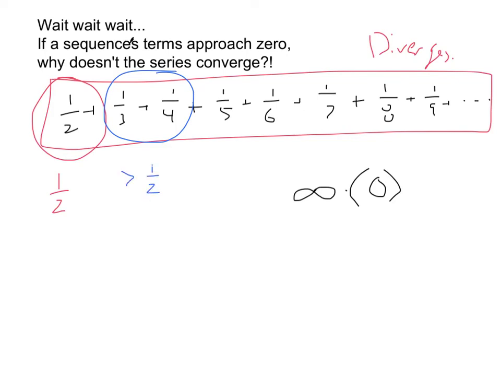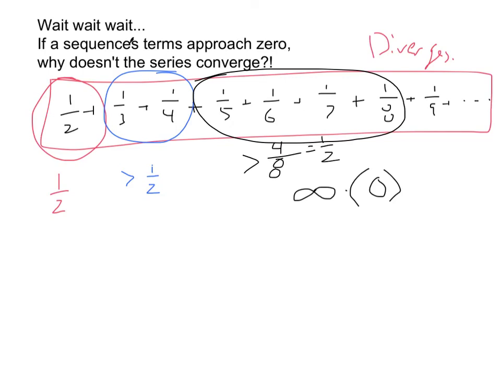And the reason is, if I have 2/4, that would be 1/2, and I have 1/3 plus 1/4, right? If I look at the next 4 terms, these are bigger than 4/8, which is a half. If I look at the next 16 terms, that'll be bigger than 16/32, which is a half.